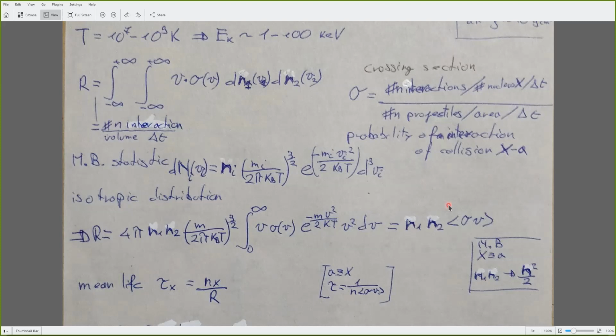Originally, as I said, it was the geometric size of the particle. You have a target, a bullseye. The bigger, the easier to hit it. The smaller, the less easy to hit it.